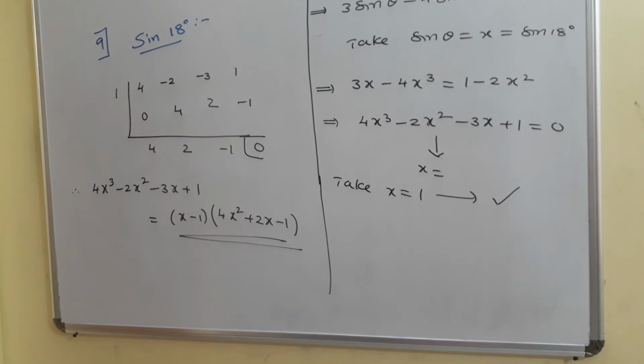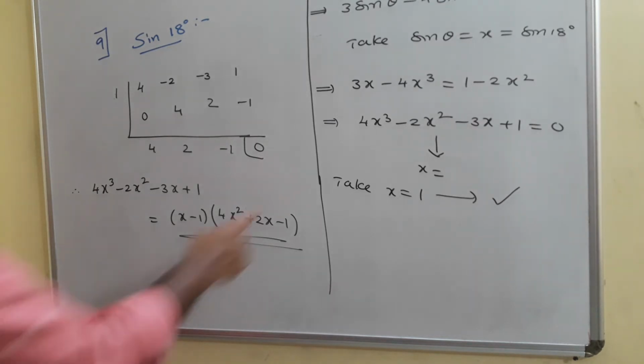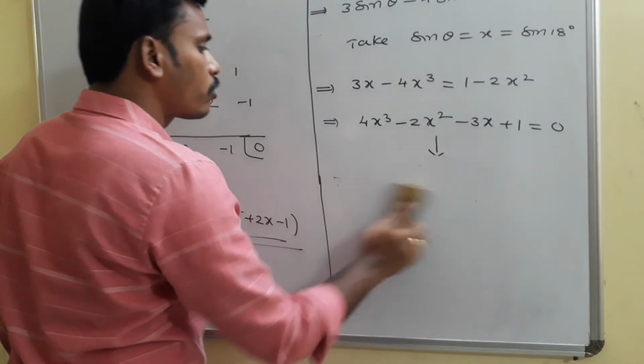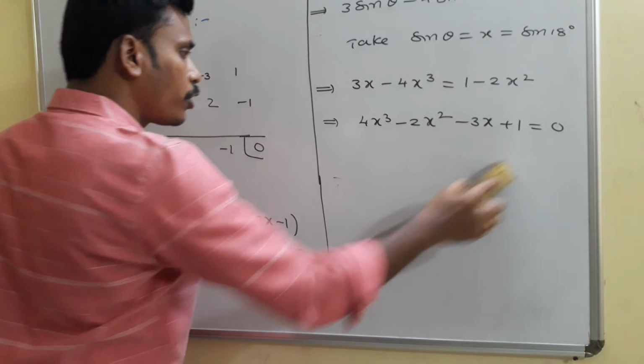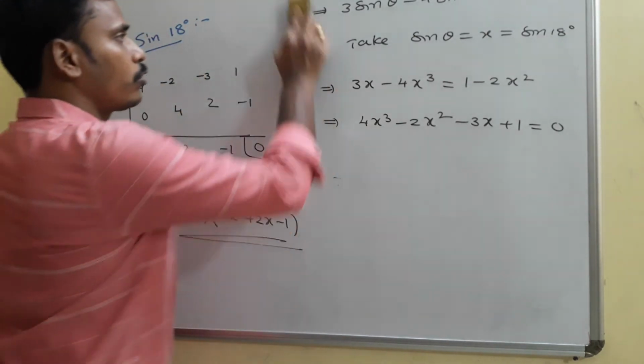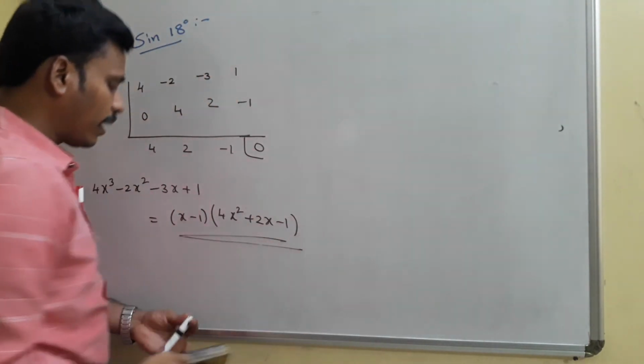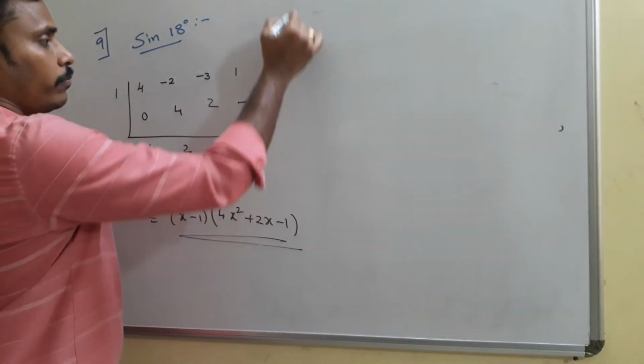Further you need to factorize it, and on factorization you can rewrite it as x minus 1 into 4x square plus 2x minus 1. Now look, this cubic equation is equal to 0, so this product is equal to 0. At the end, what we have in our hands is that this product is equal to 0.